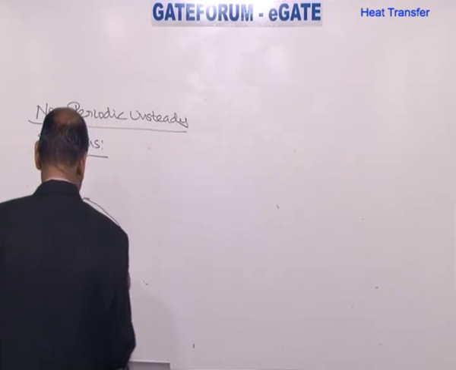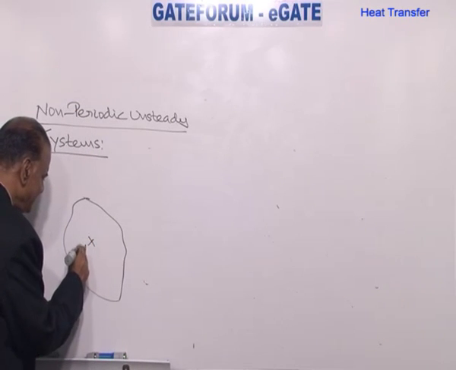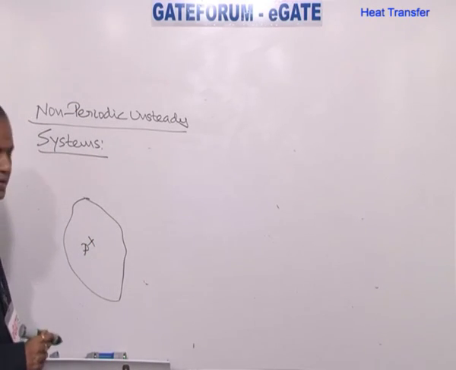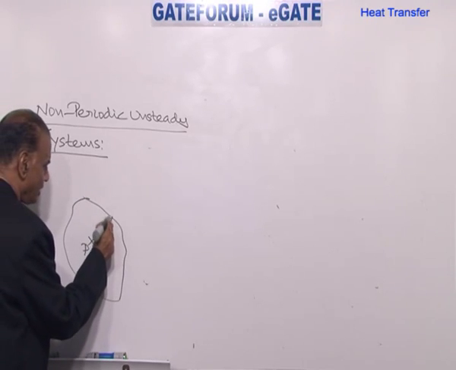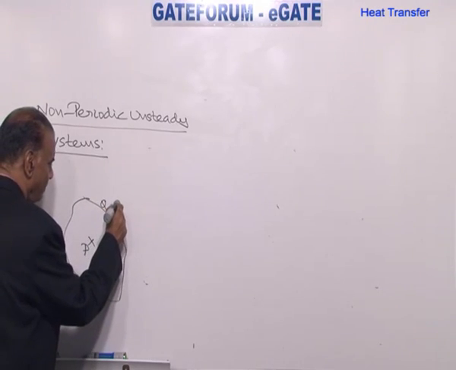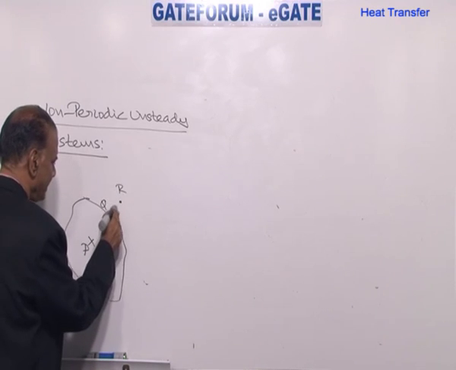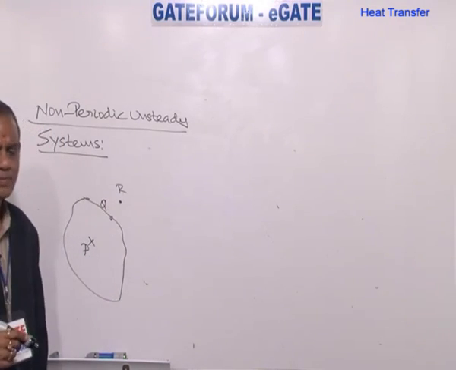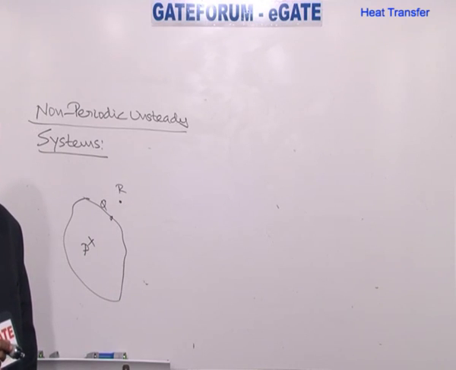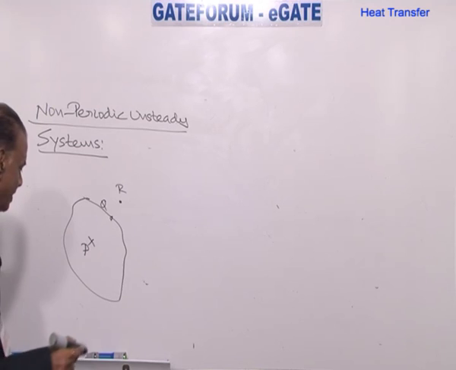Let us pick up 3 points. Point P inside the system, point Q on the surface, point R in the fluid. P is the inside point, Q is the surface point, R is outside in the fluid.